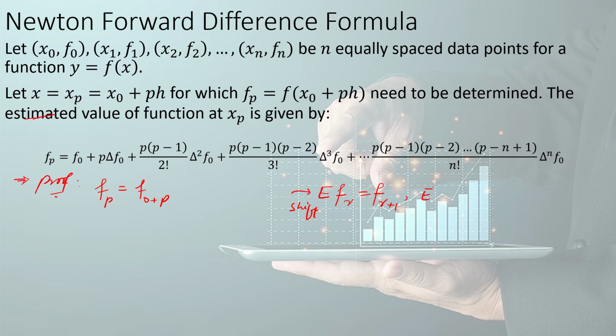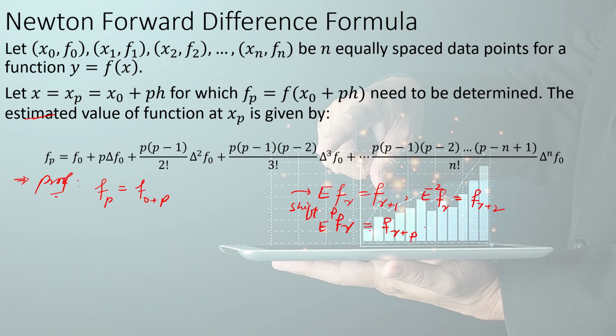The second order, we denote by E square, so E square fr means shift to the r plus 2th position. In a similar way, if we apply the shift operator p times on fr, that will give you fr plus p.